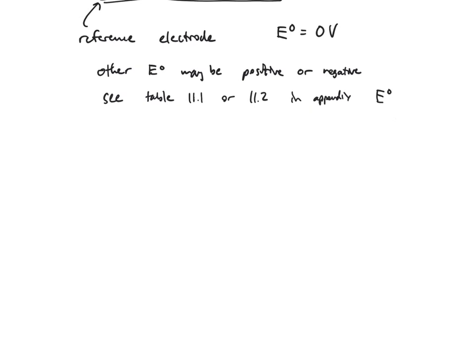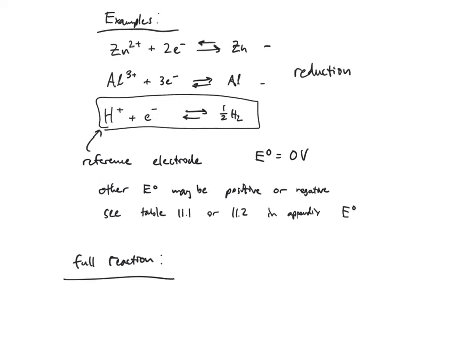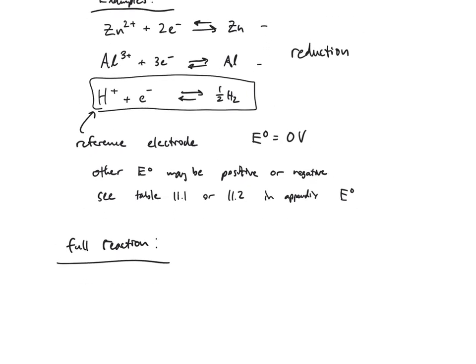Now the point of half reactions is to put them together to make them a full reaction. So we can put together these top two half reactions here into a full reaction. So we would have, for instance, 2 aluminums reacting with 3 zinc 2+ ions in an equilibrium with 3 zinc metal atoms plus 2 aluminum 3+ ions.